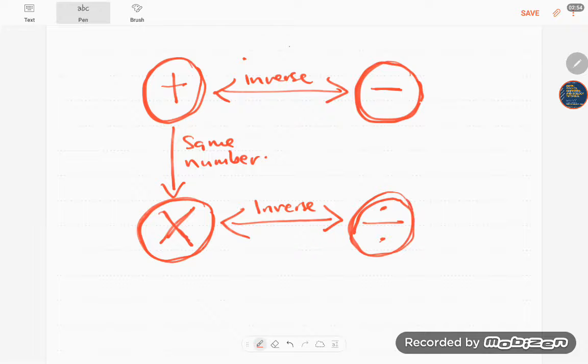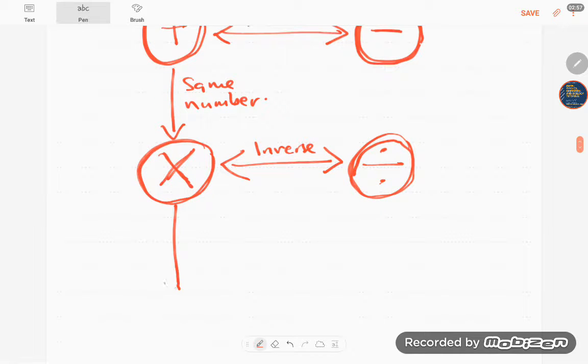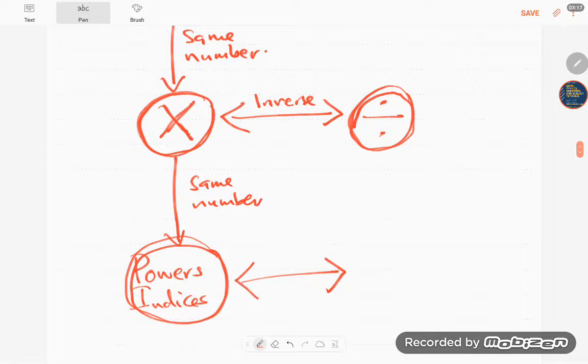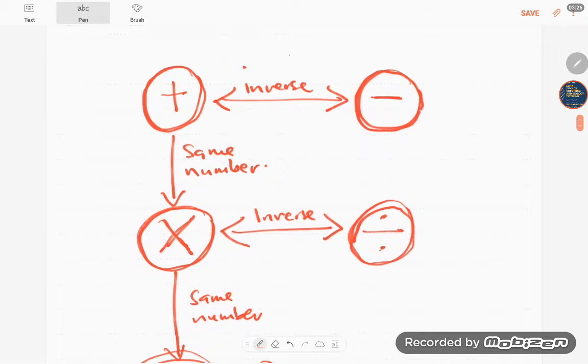And again, once we learned how to multiply, we also had to multiply the same number over and over again. And what did that give us? That gave us what we call powers or indices nowadays. And once we learned about powers or indices, we had to learn the inverse case, which is roots.